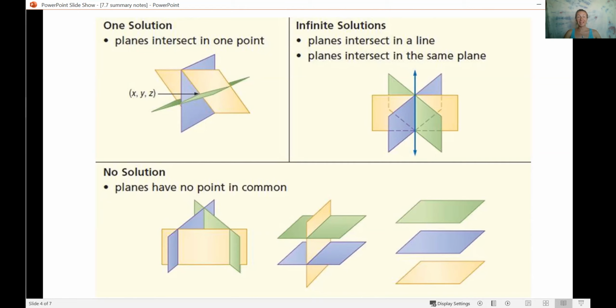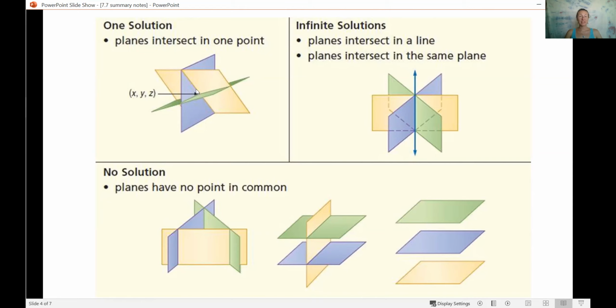That's essentially what that XYZ coordinate solution is: that single point in space where all of our equations' graphs exist. If we have just a nice one solution situation, it's going to look like this first picture here, where we've got 3 planes in space. They intersect at exactly one point, and we want to figure out what that point is.